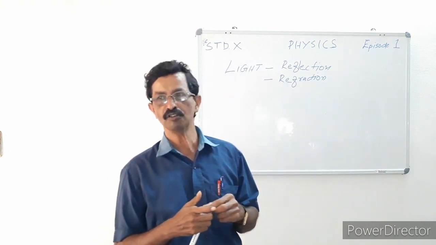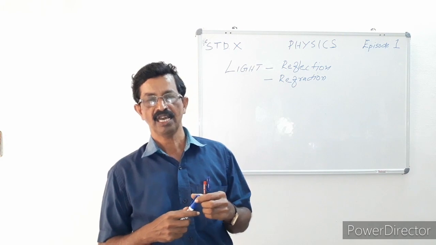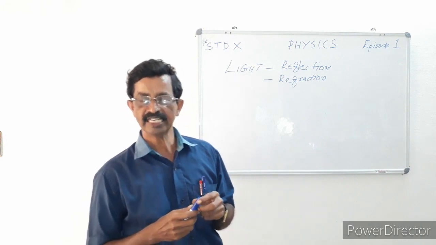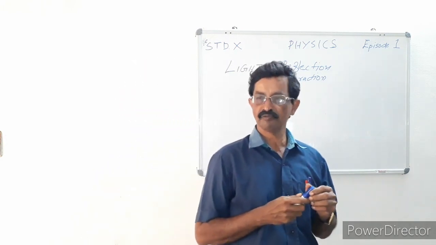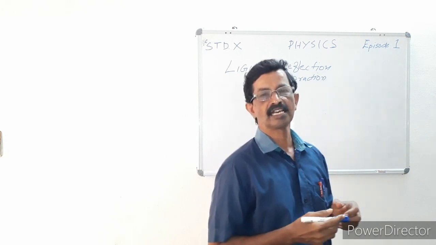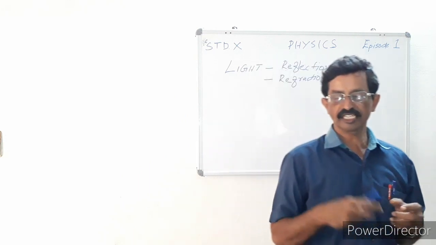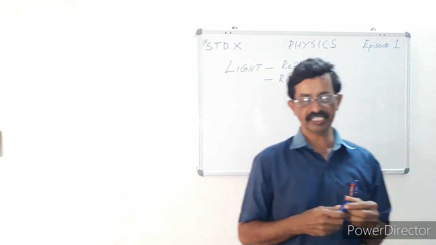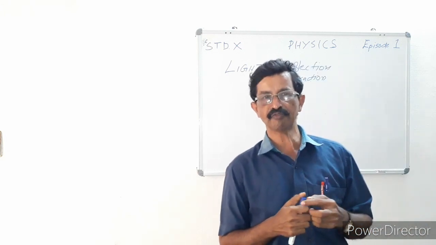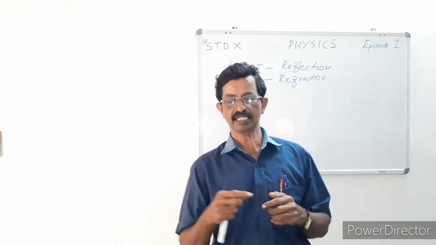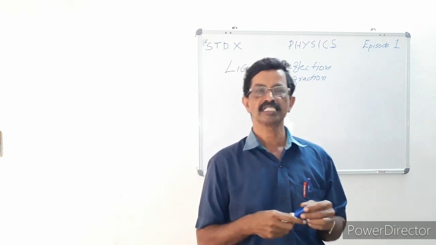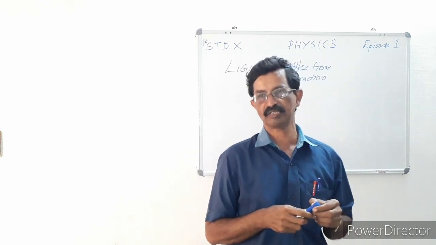Here light bends towards the shadow region, that is diffraction. Here we cannot consider the straight line path of light.